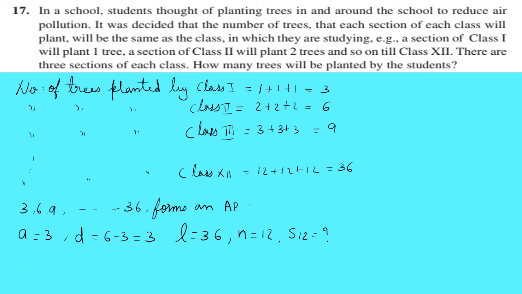And we already know that Sn equal to n upon 2 multiplied by (a plus l), since the first and last term are given. That is 12 upon 2 multiplied by (3 plus 36), that is equal to 6 multiplied by 39, that is equal to 234.